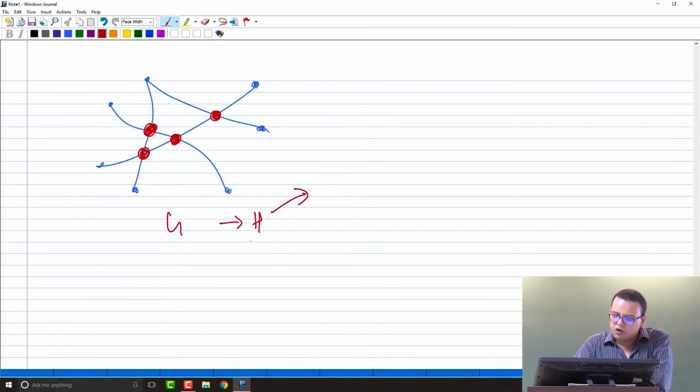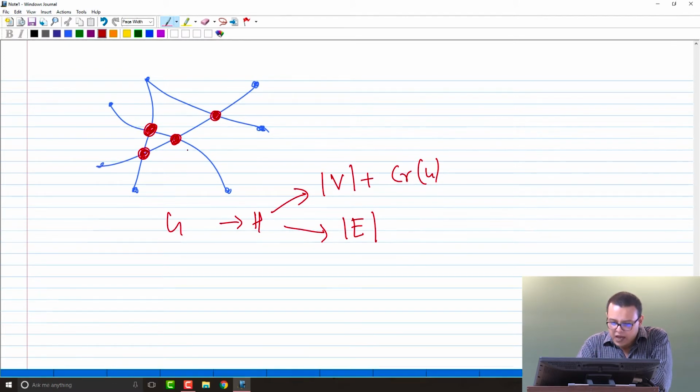What will be the number of vertices in H? It is the original number of vertices in G plus the number of crossings that you have. And what will be the number of edges? The number of edges in H will be the number of edges you had plus four times the crossings, but that has to be halved, because each edge that is incident to a crossing is always double counted, right?